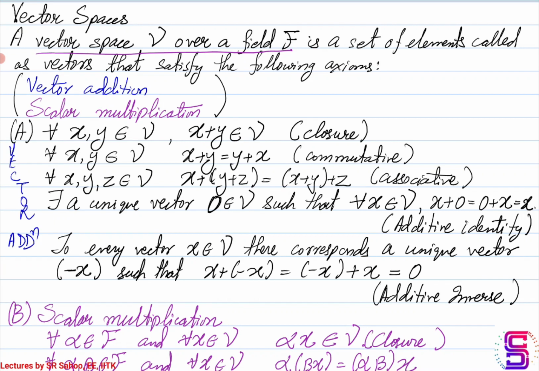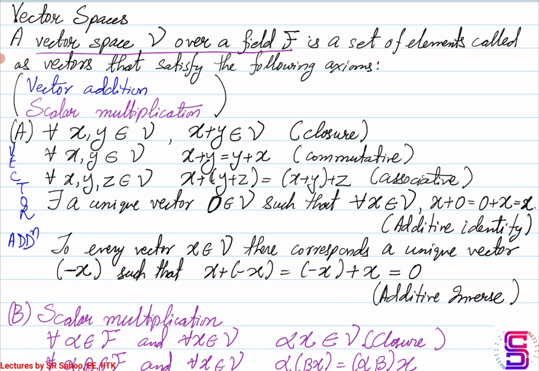So, a vector space V over a field F, that is how we say it; we always associate a vector space with a field. V is a set of elements which we call vectors, that satisfy the following axioms or properties.